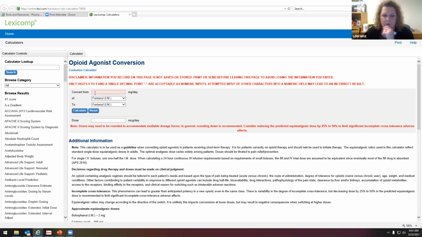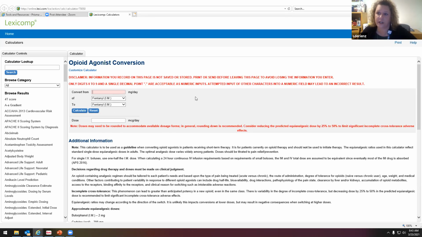Of course it has some disclaimers about converting, but this gives you a great tool. I'm pointing at my screen, you can't see me pointing, but it has it in here as milligrams per day. But you can just do a simple calculation in here as well.